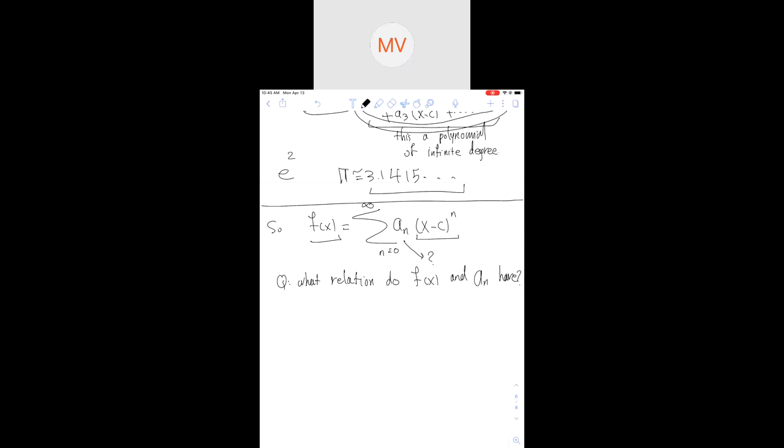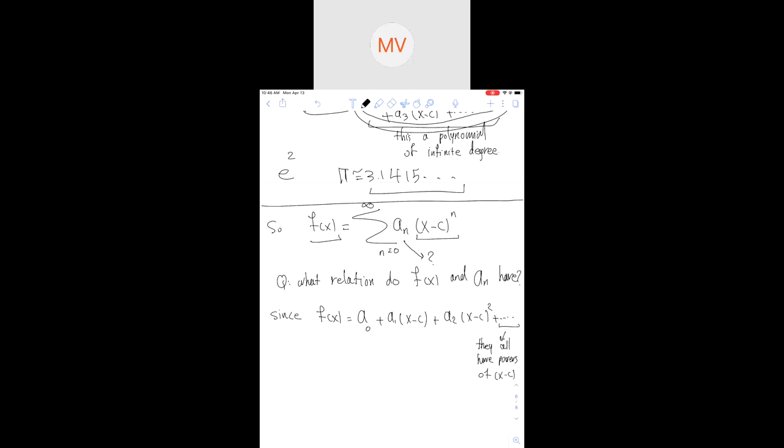And let me start with an example. Since f of x, I'm going to rewrite this series, but expand it. So it's going to be a0 plus a sub 1 (x minus c) plus a sub 2 (x minus c) squared, and you have infinitely many terms, and they all have powers of x minus c, right?